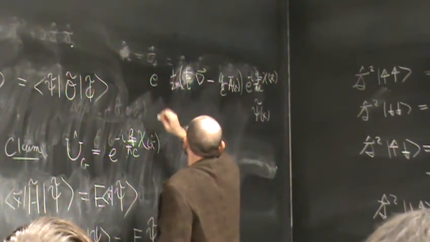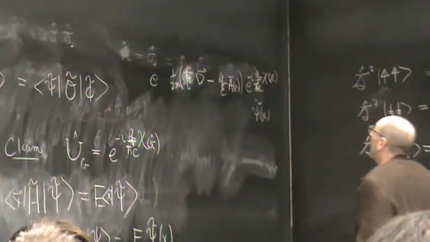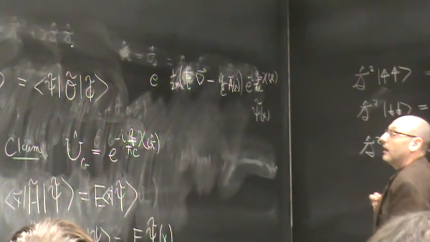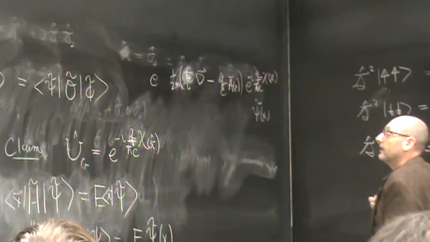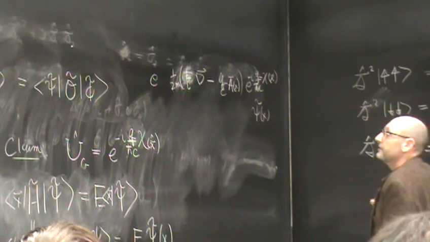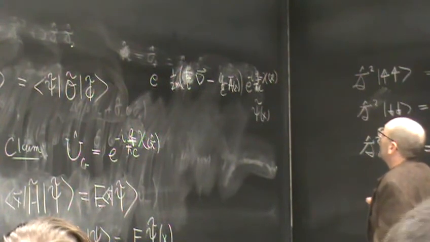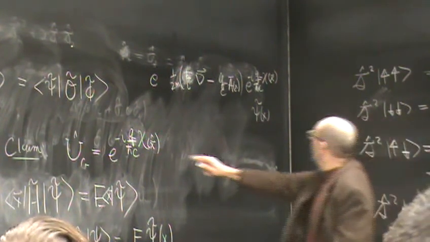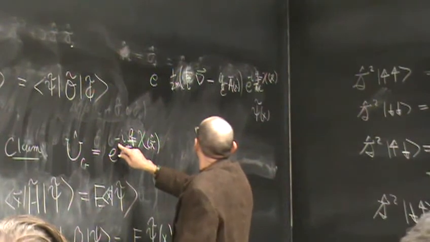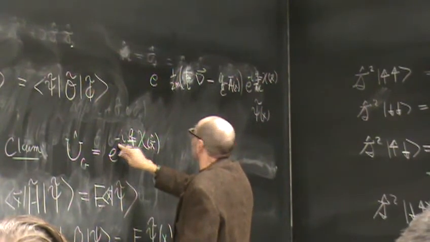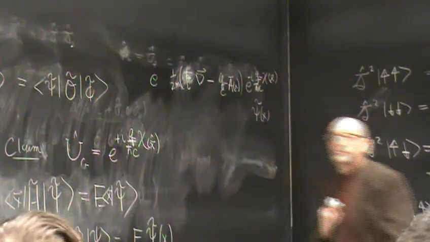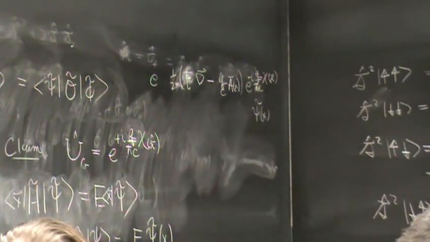Should it be a plus i on that side since it's the dagger? You're right, it is the dagger. And the question is whether this is a plus or a minus, because it's gotta be a plus.